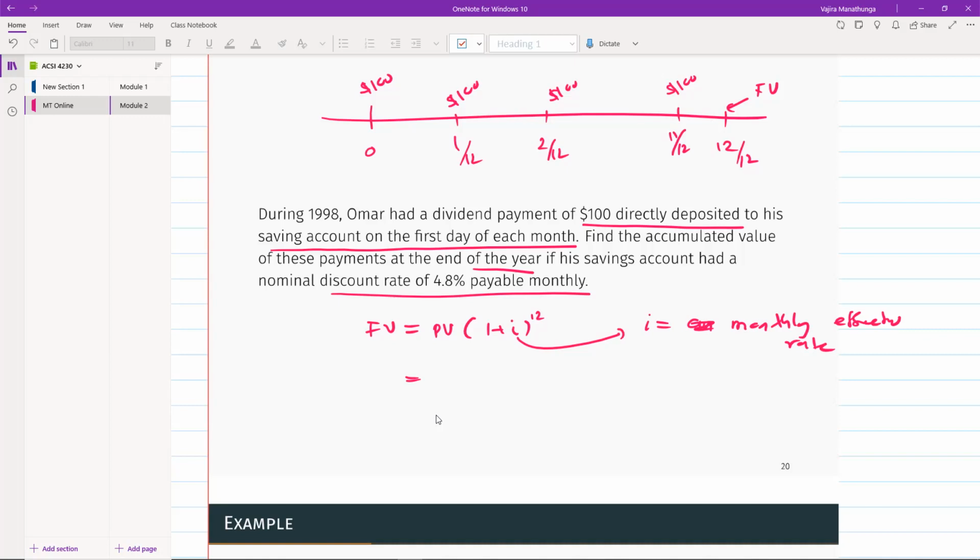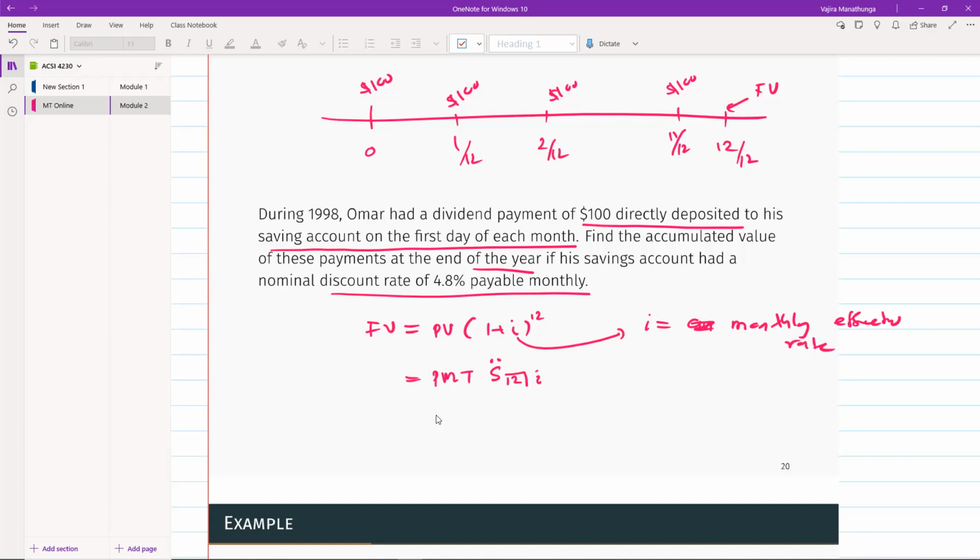Another way to do this is to write the annuity symbol, payment, then s double dot 12 at i, making sure this is an annuity due, so you use the double dot.